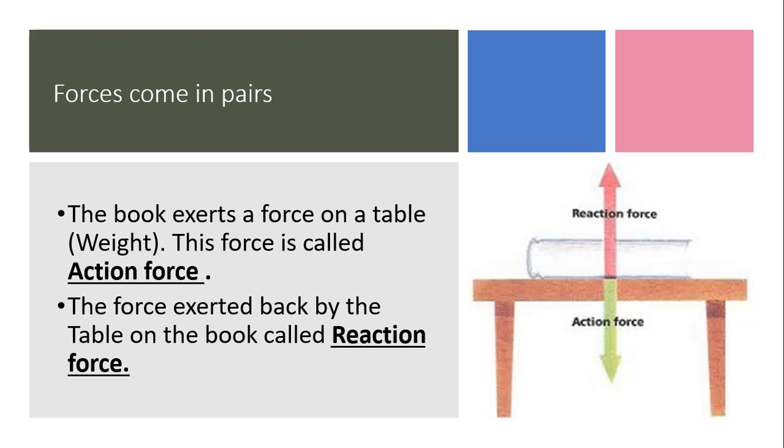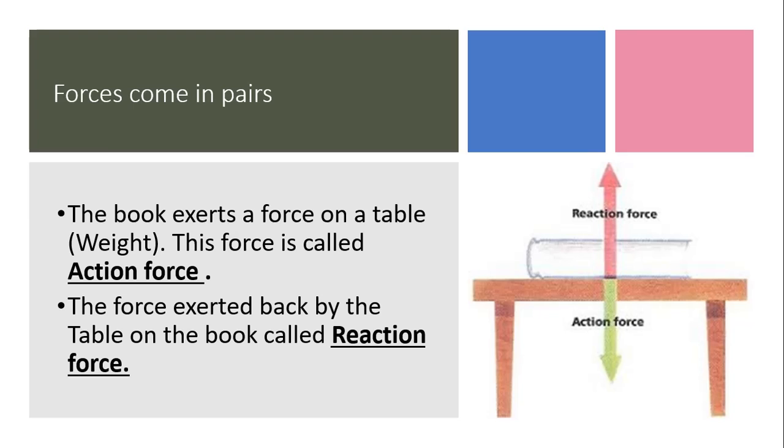So again, if an object is placed on a desk, for example, and the desk can bear this weight, this means that both the book and the desk are making forces, but these forces are acting opposite to each other. And since the desk is not moving, this means that the action force, or the applied force that the book is doing on the desk, is exactly equal to the force the desk is doing upward onto the book.